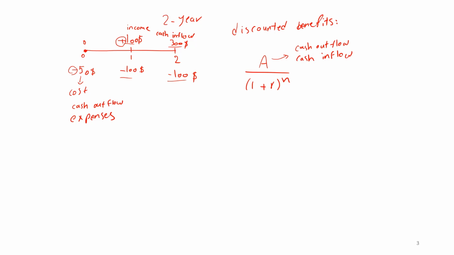R, what is R here? R here is the discount rate. It's called discount rate, or sometimes it's called capitalization rate, or sometimes it's called opportunity cost of capital.